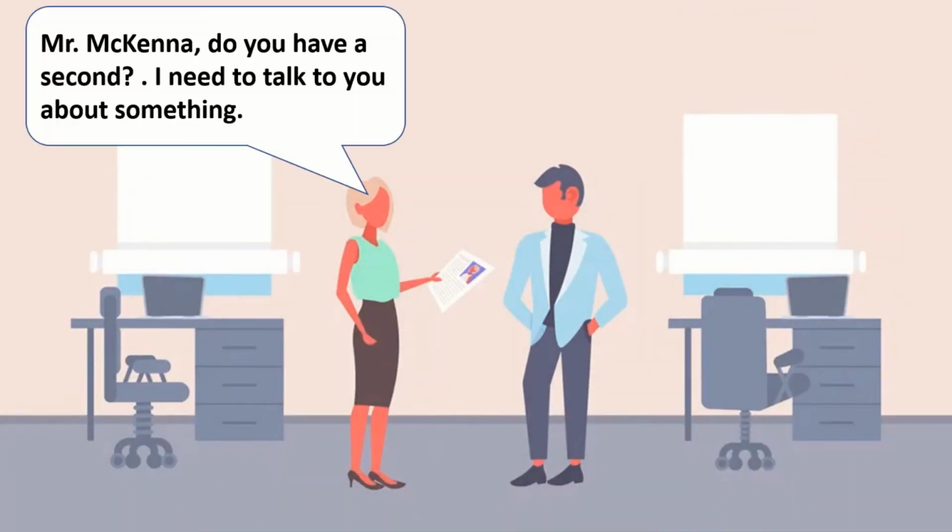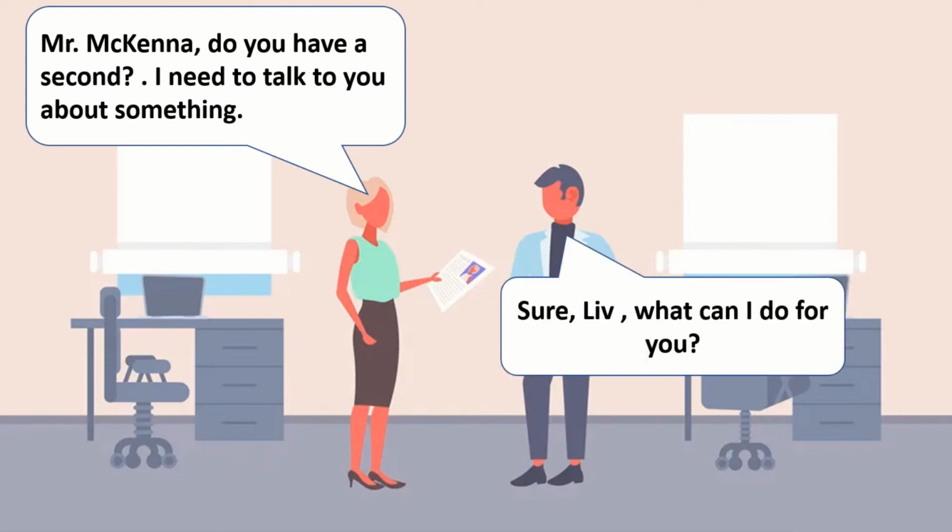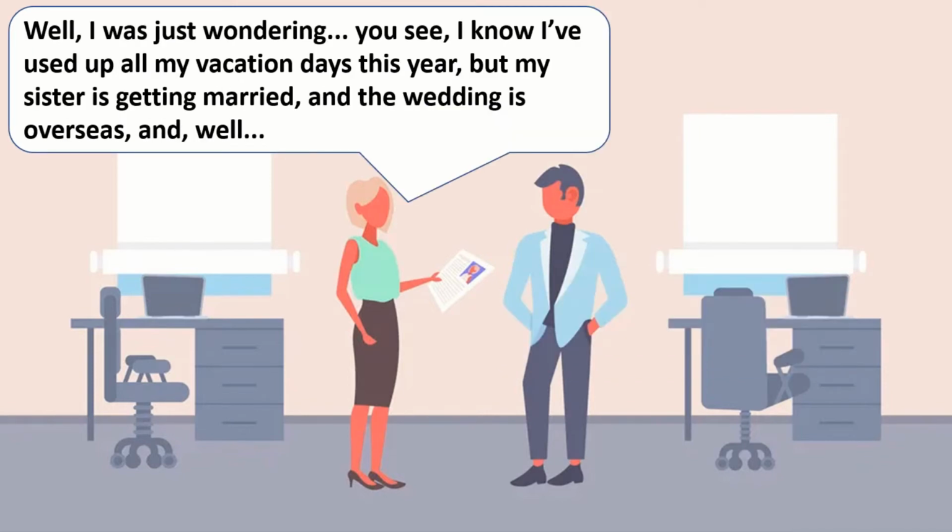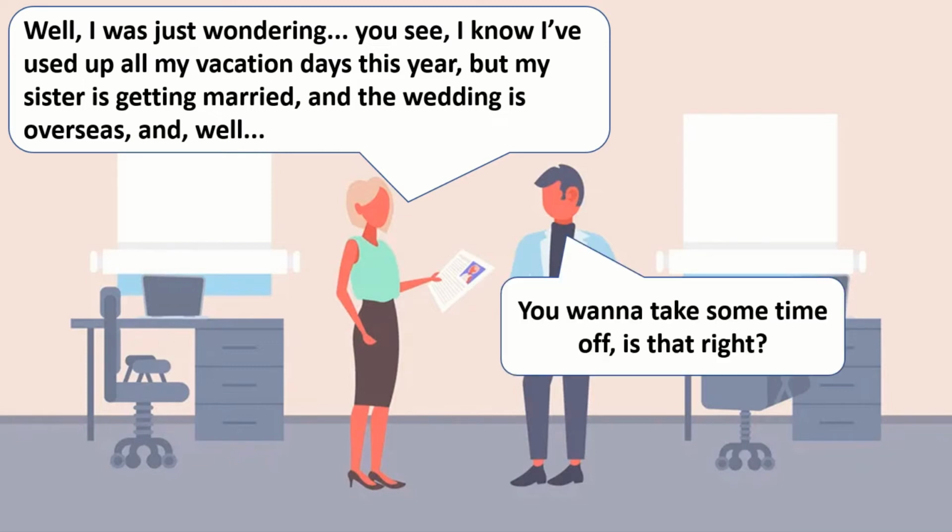Mr. McKenna, do you have a second? I need to talk to you about something. Sure. Liv, what can I do for you? Well, I was just wondering, you see, I know I've used up all my vacation days this year, but my sister is getting married, and the wedding is overseas, and, well... You want to take some time off, is that right?